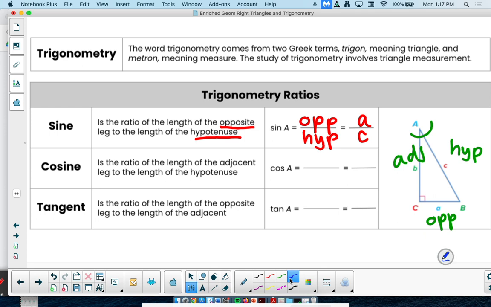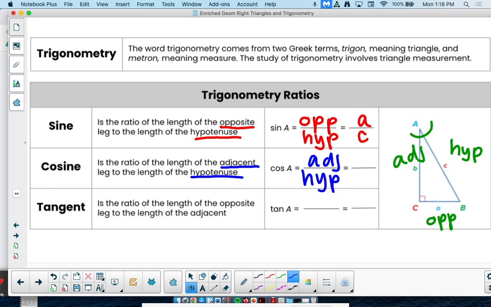Your cosine ratio is your adjacent length over hypotenuse. So I'm going to write adjacent over hypotenuse. Your adjacent side over your hypotenuse. B over C. I agree.